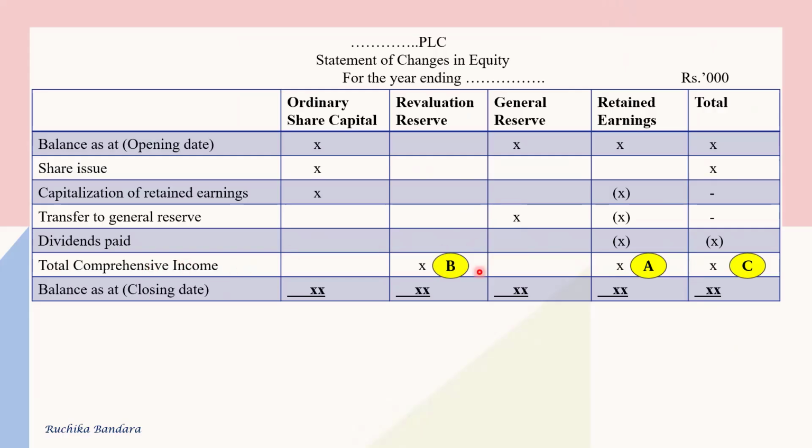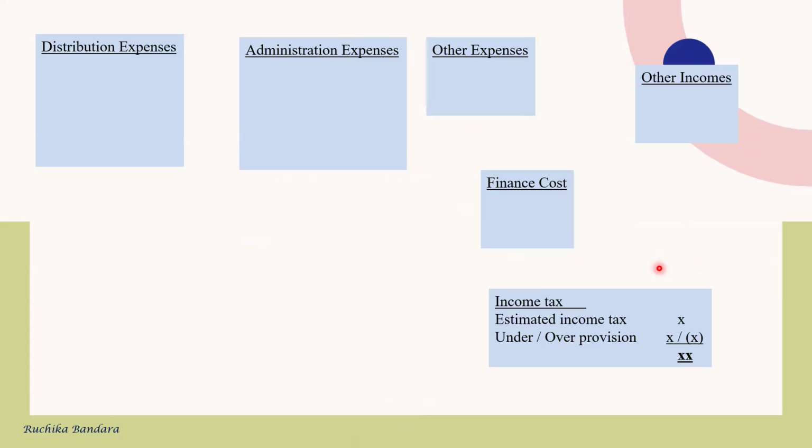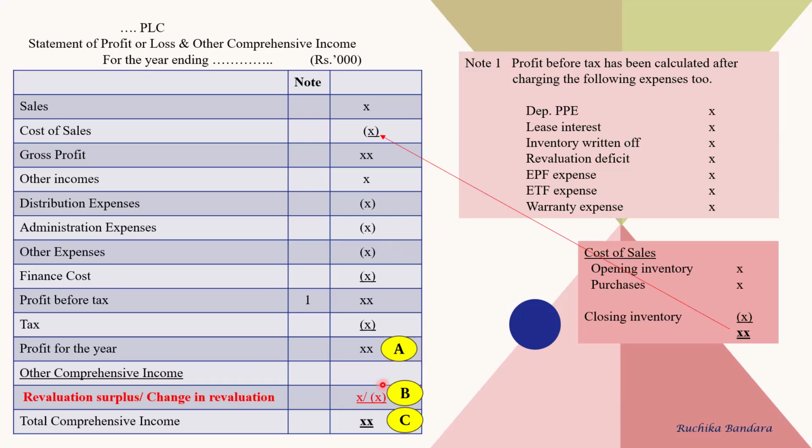The revaluation, other comprehensive part, you have to put into the revaluation reserve. Profit for the year, you are entering under retained earning. Then the double line value, which is the total comprehensive income, you have to put under the total column. So you are getting these A, B, C values from the last three entries of your profit or loss statement.